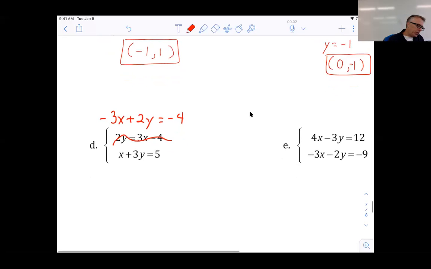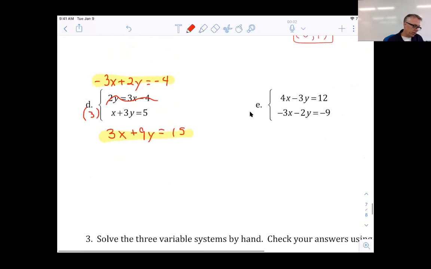Now the bottom equation, if I were to multiply everything there by 3, that's going to give us positive 3x plus 9y is equal to 15. And so now those two equations are set up nicely for elimination, so I can add them down.